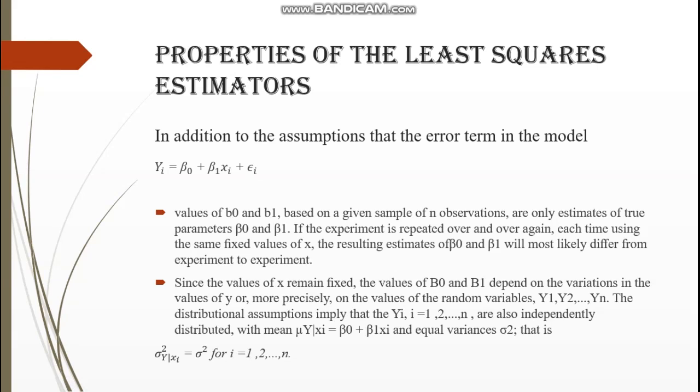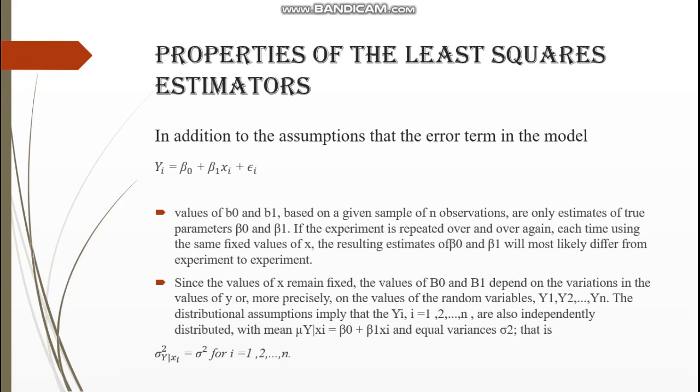This provides a foundation for finding the means and variances for the estimators of beta 0 and beta 1. It is important to remember that our values of beta 0 and beta 1, based on the given sample of n observations, are only estimates of the two parameters beta 0 and beta 1.